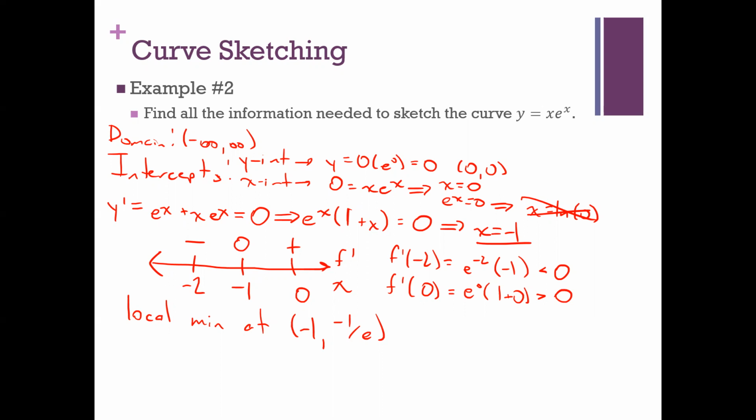What else can we learn about this function before we start graphing it? We have a lot of information, but maybe some other things we can look at. Are we going to have periodic behavior?